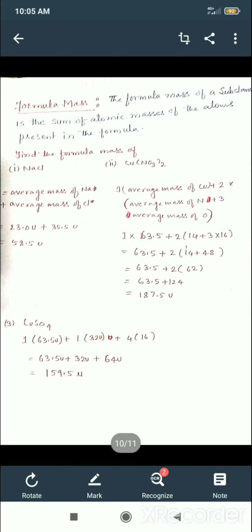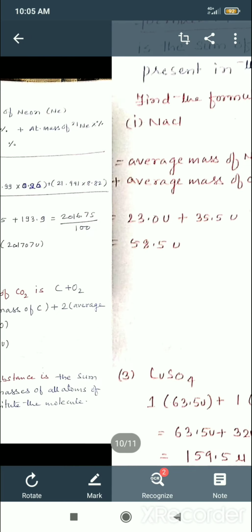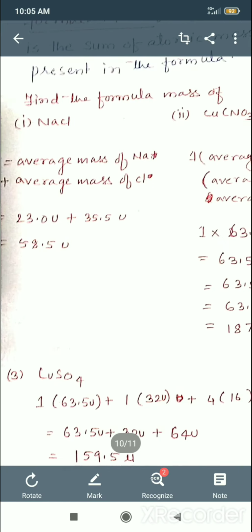So sodium chloride: average mass of sodium plus average mass of chlorine. The average mass of sodium is 23 plus the average mass of chlorine is 35.5.